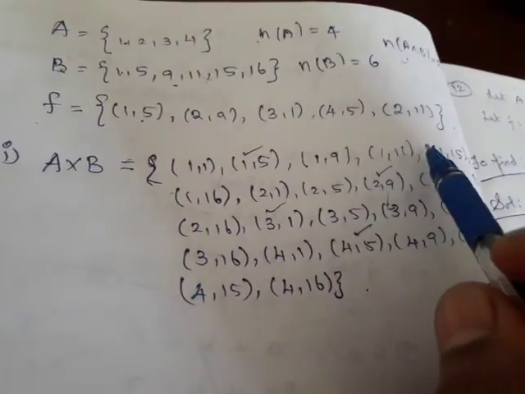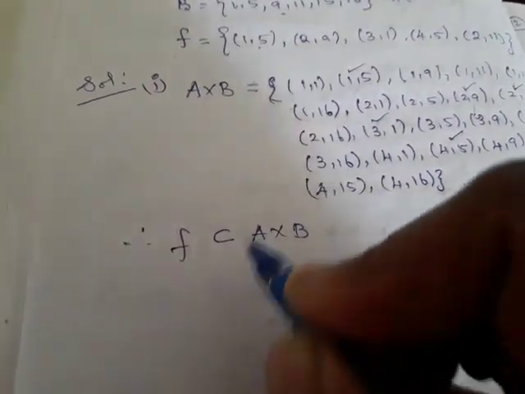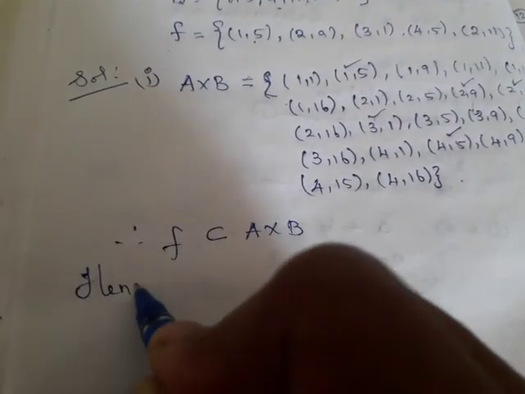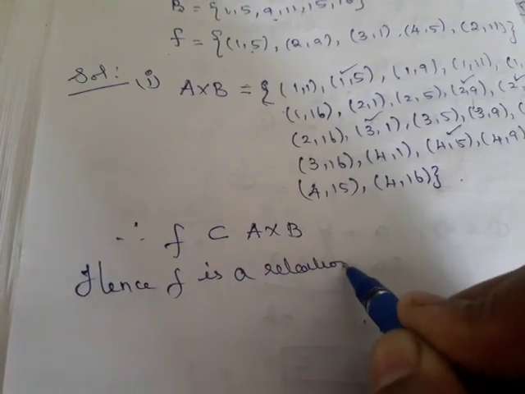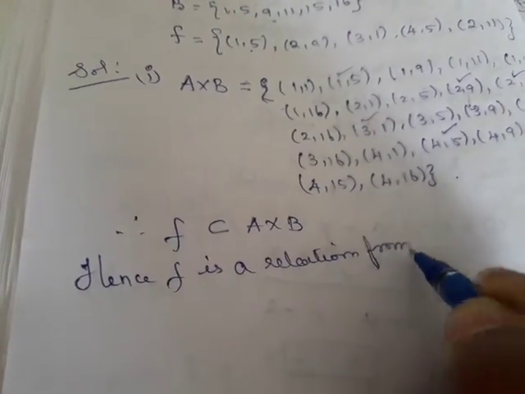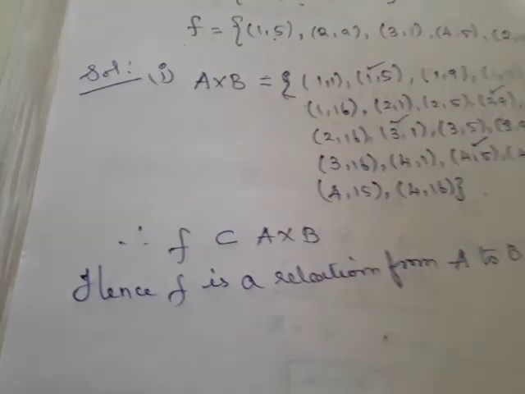Yes, all the elements of f are there in A cross B. Therefore, f is a subset of A cross B. Hence, f is a relation from A to B. That's how we justified our answer.